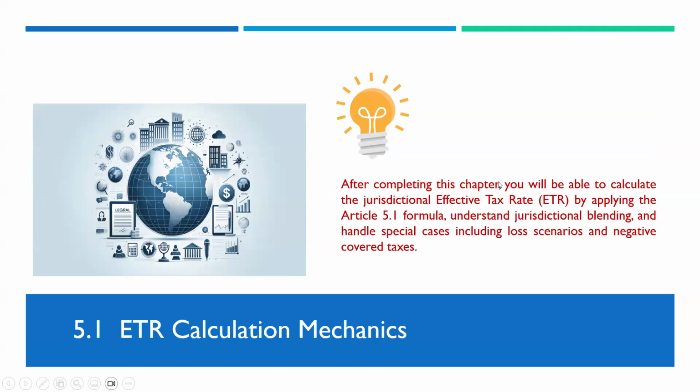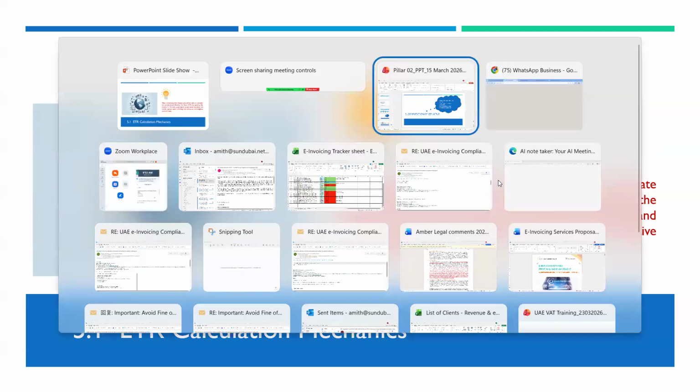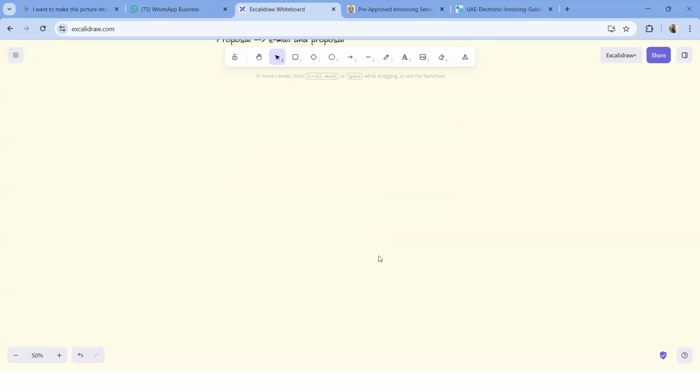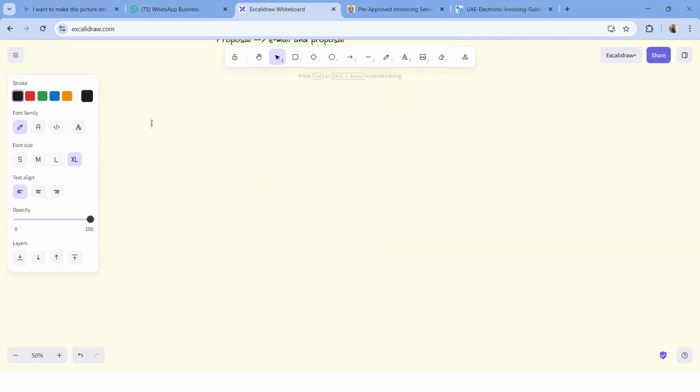ETR calculation mechanics. Okay, so now you know the formula, right? So let's have some talk about this. What is the formula?